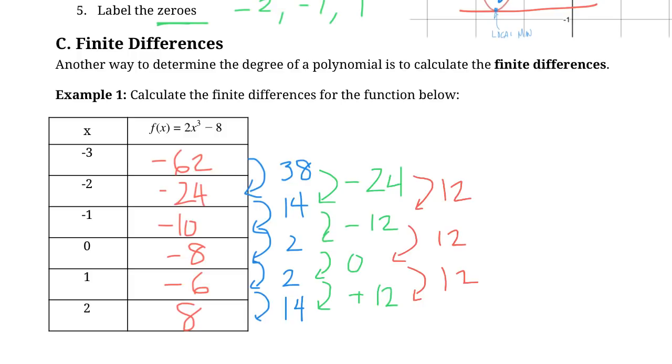We have our first differences, second differences, and third differences. What do you notice about the third differences? They are all the same. And when those third differences are all the same, that means the degree of the polynomial is going to be 3. So whichever differences are the same, that means the function is going to have that degree.